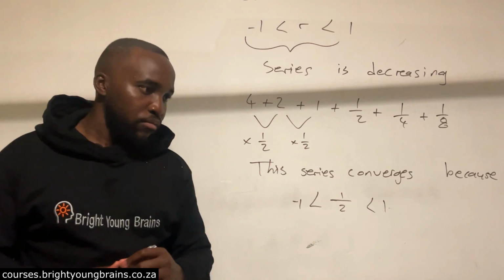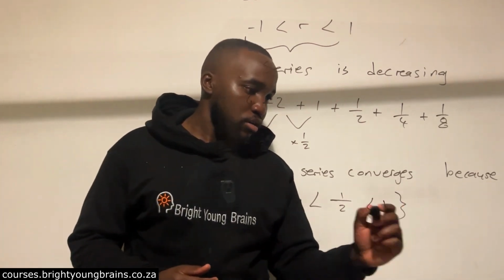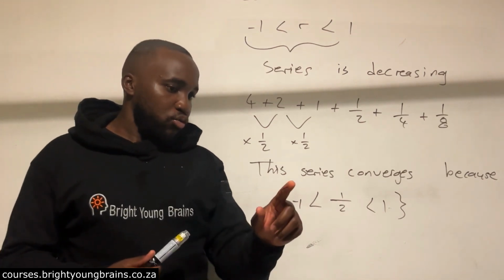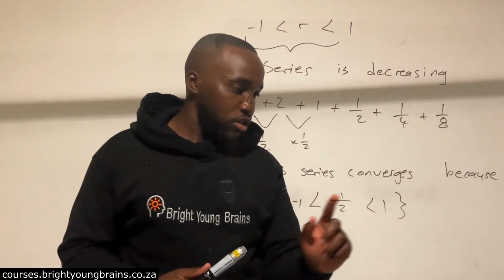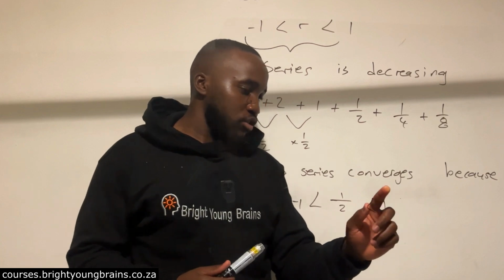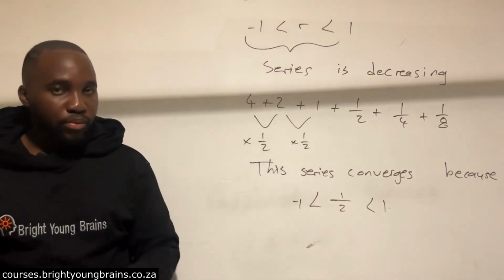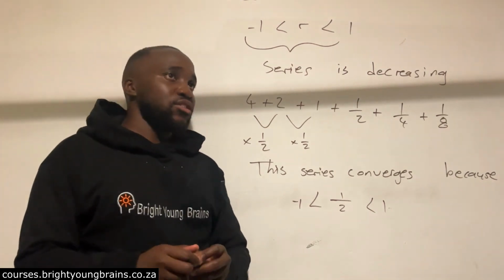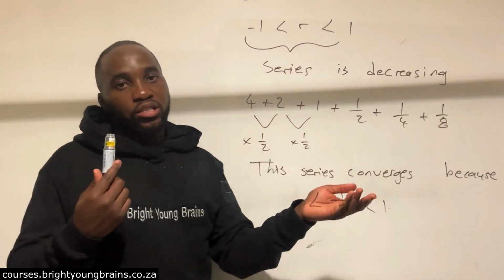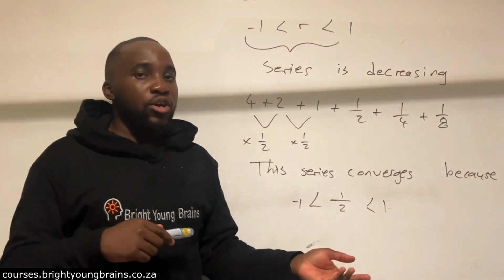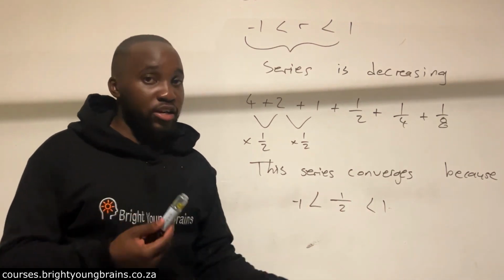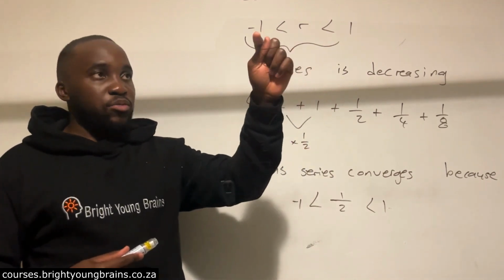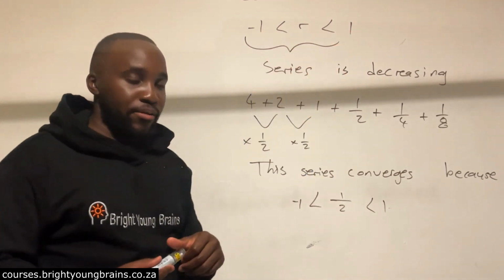As long as R is between -1 and 1, you will always have a series that converges. The reason I'm using those words in particular is because that's how they word it in exams. They usually ask you something like, does this series or this sequence converge? You're either going to say yes or no, and you give a reason. If it does converge, the reason will be R is between -1 and 1.